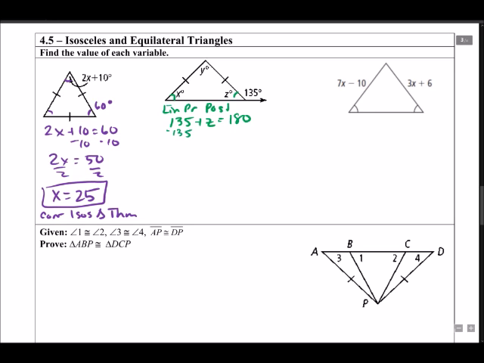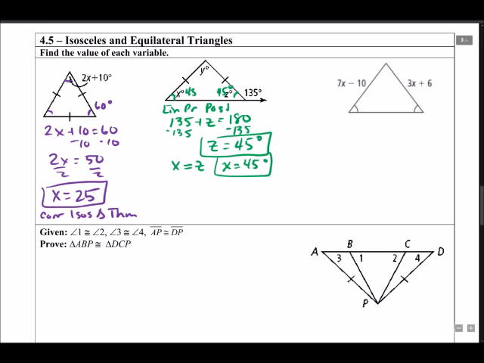And subtract 135 from both sides. So I'm going to get z is 45 degrees. So I can come up and label 45 here. And then x, I know that x equals z. So x is also 45 degrees because it's an isosceles triangle. So that's 45.